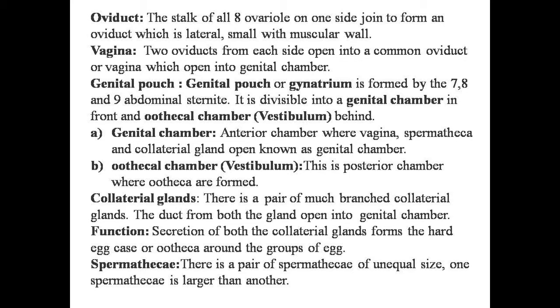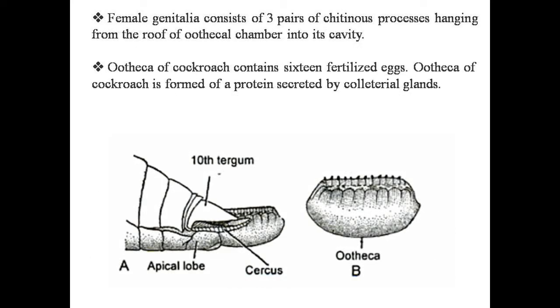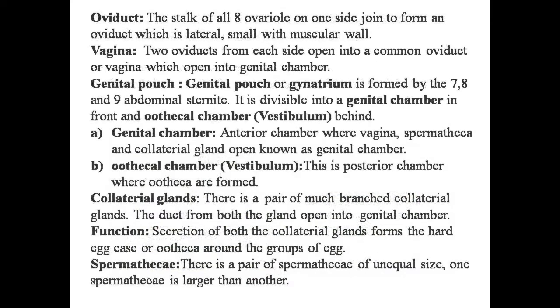Other than this, the collateral gland, in paired form, is present in the female reproductive system of cockroach. The ducts from both the glands open into the genital chamber. The secretion of the collateral gland forms a hard egg case or ootheca within which the eggs are deposited.